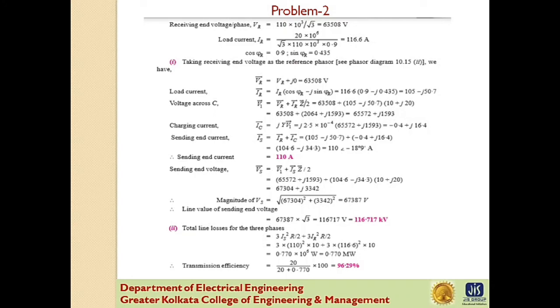Putting the values of Is and IR, we get the total loss as 0.770 megawatt.